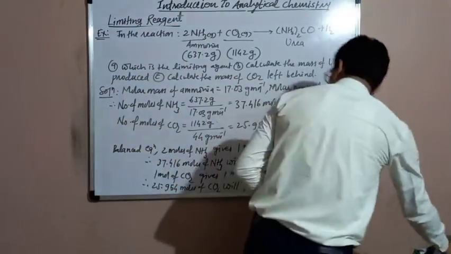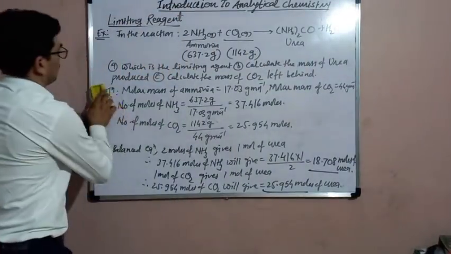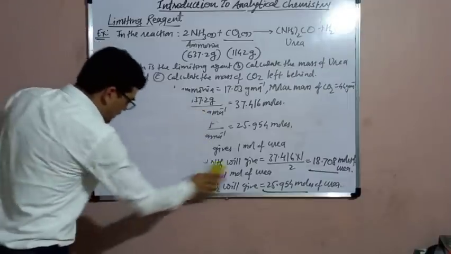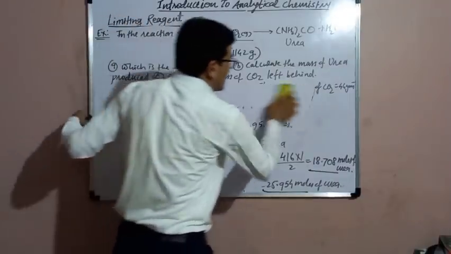Now second part. In second part, we have to find out the mass of urea produced.